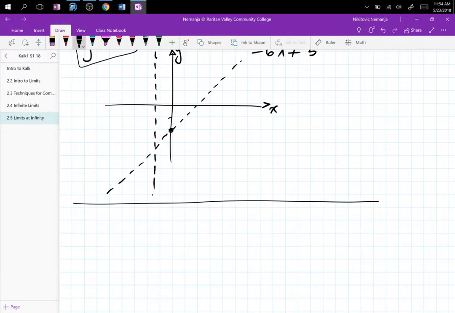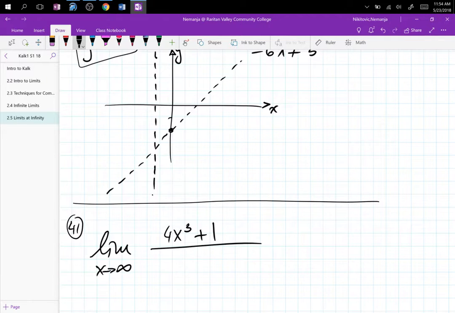All right, let's see. Find the limit as x goes to infinity. This is problem 41. 4x cubed plus 1 divided by 2x cubed plus the square root of 16x to the 6 plus 1.